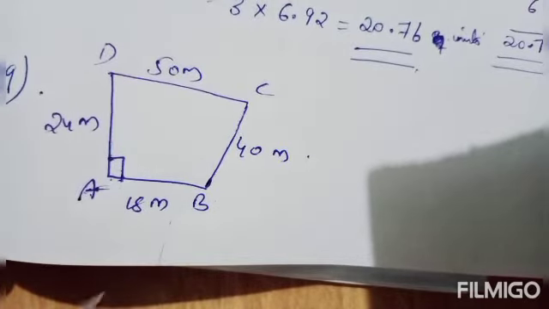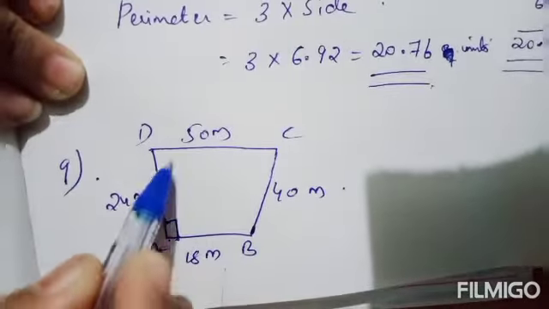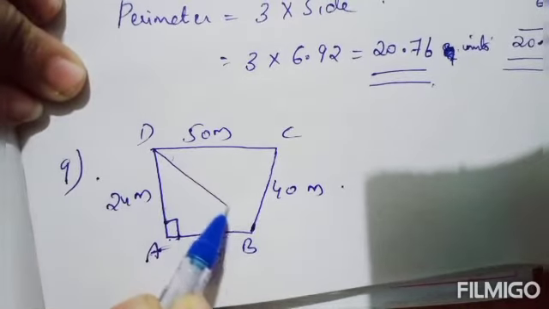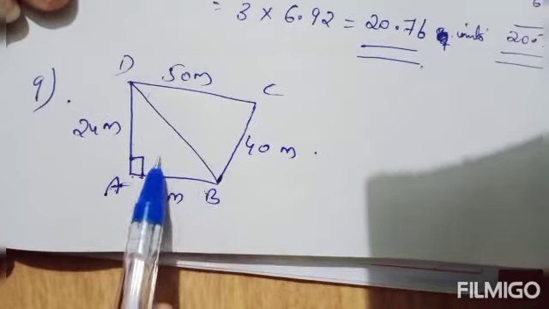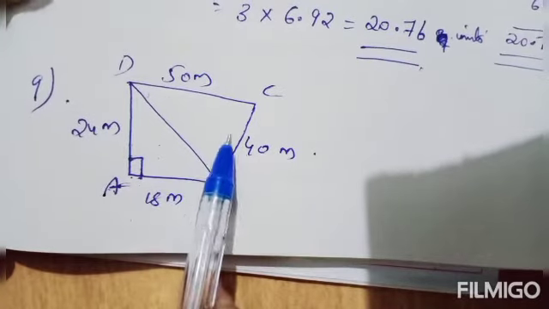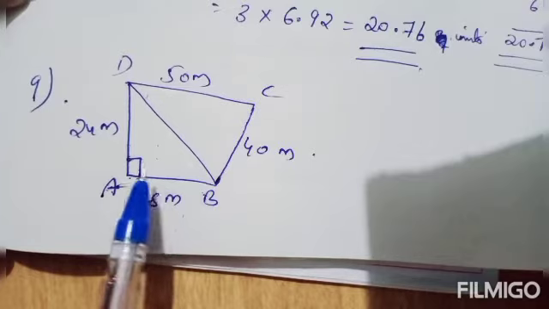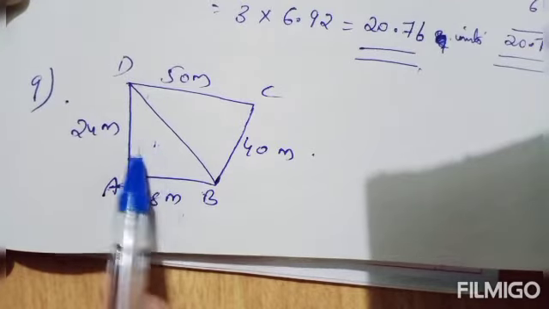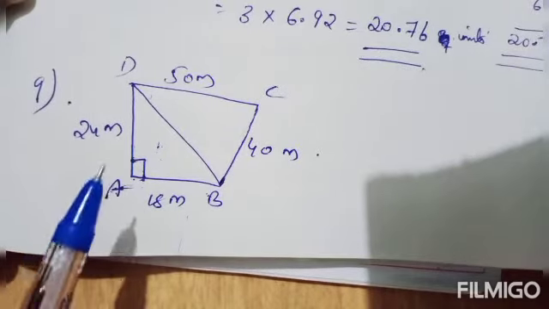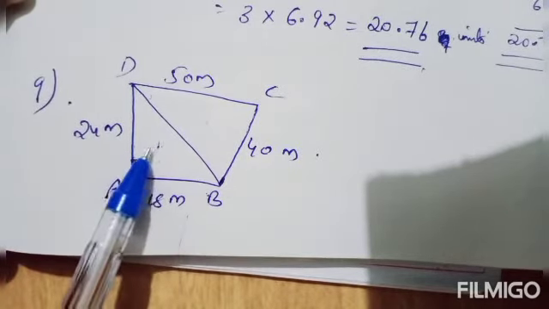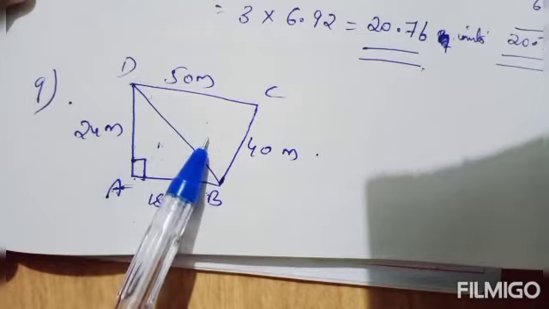Now for this quadrilateral we can draw a diagonal. If you draw the diagonal you will get 2 triangles. This is the first triangle, this is the second triangle. So in order to find the area of the quadrilateral, you just find the area of these 2 triangles and add.